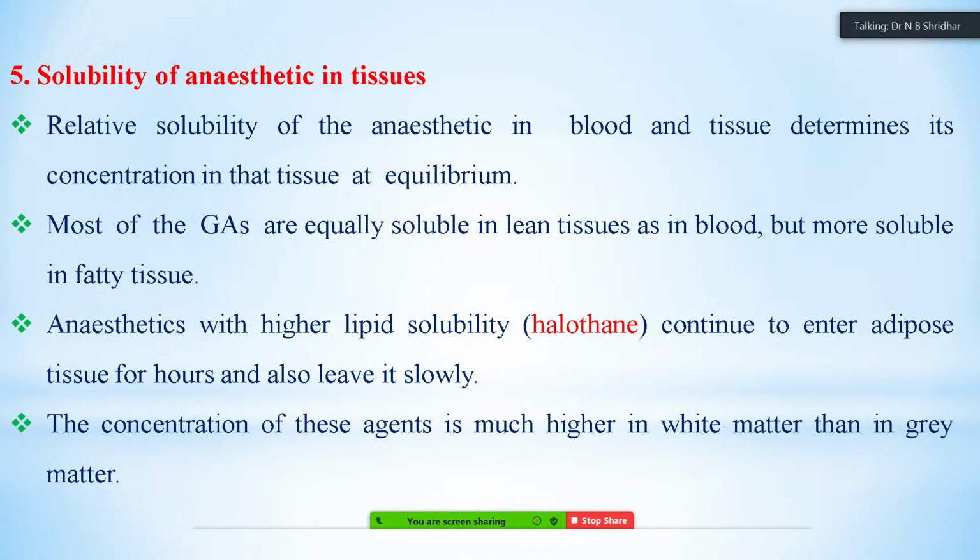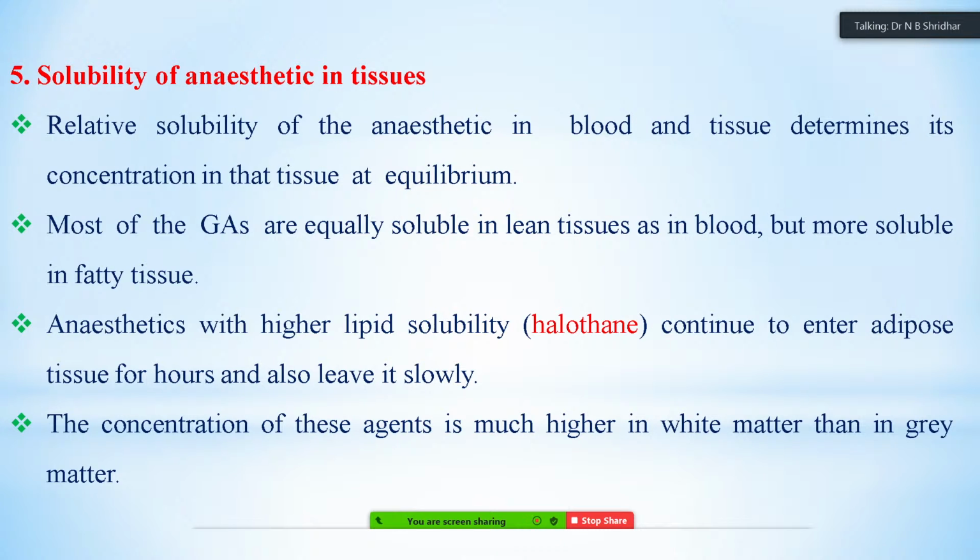Anesthetics with higher lipid solubility, like halothane, continue to enter adipose tissue for hours and also leave it very slowly. That's a very common factor with barbiturate type anesthetics. For example, whenever halothane is administered, it will enter the tissues because it has very high lipid solubility, and enter the adipose tissues of the body.